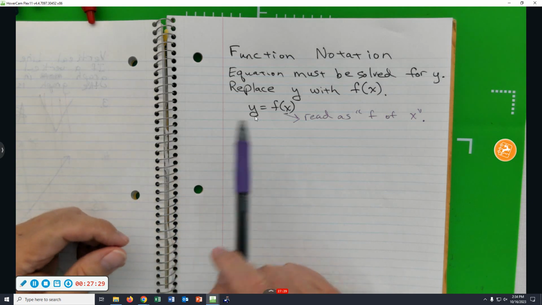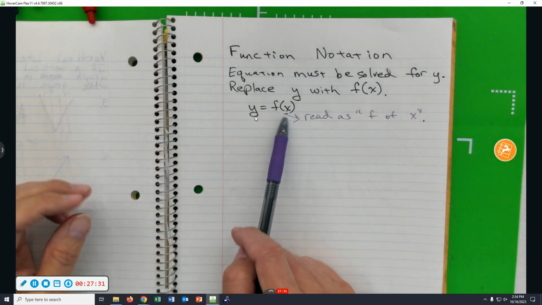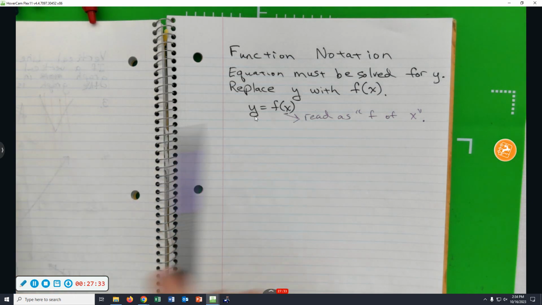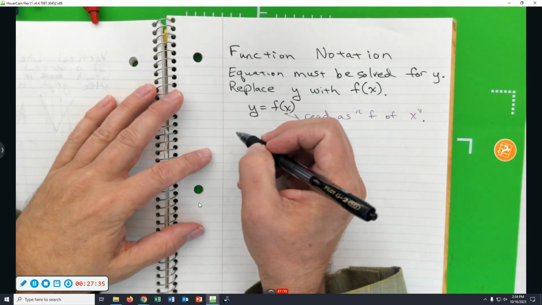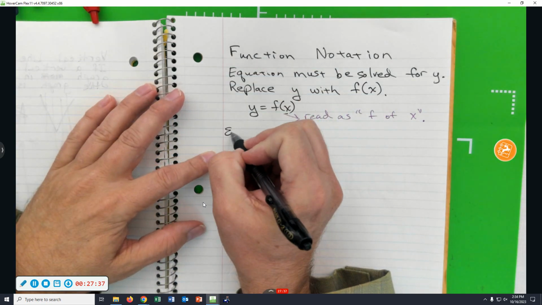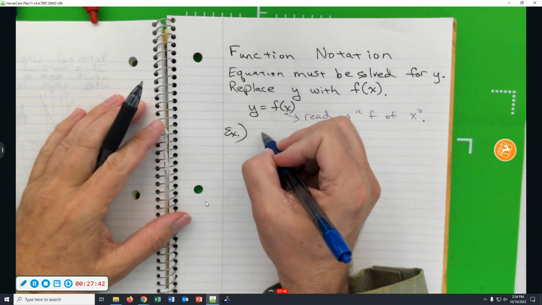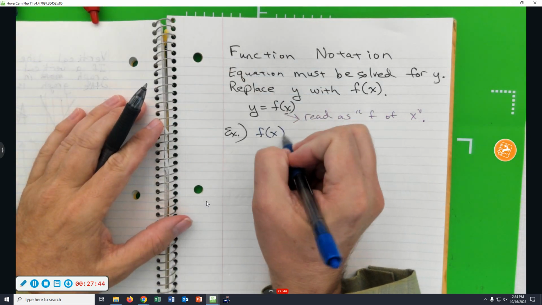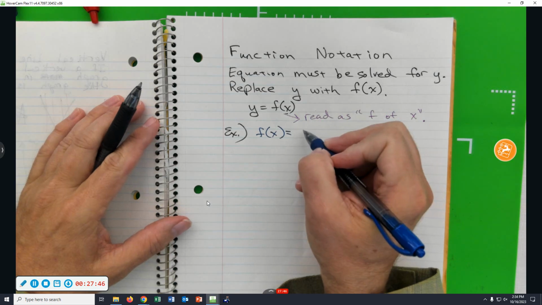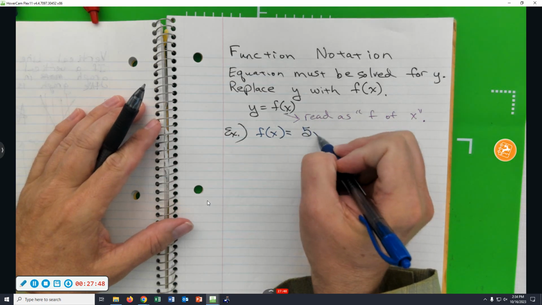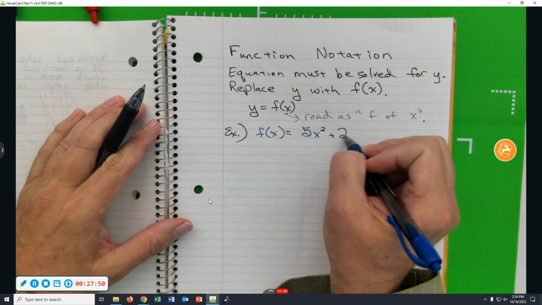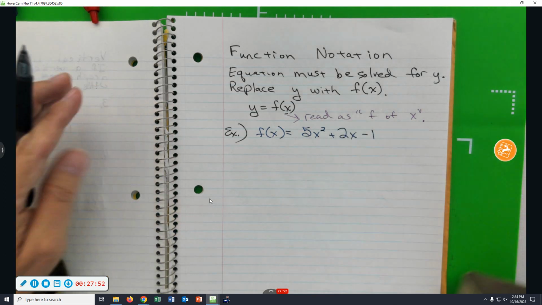And this function notation gives us a nice way to evaluate functions. Let's suppose I had the function, I'm going to make up an example, f of x equals 5x squared plus 2x minus 1.